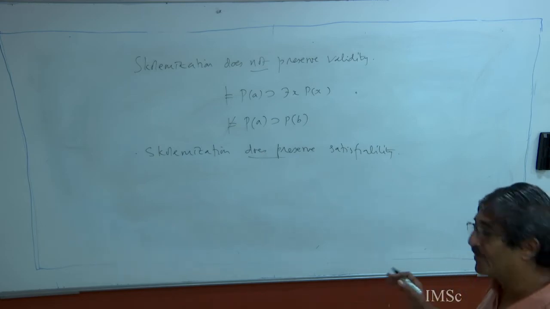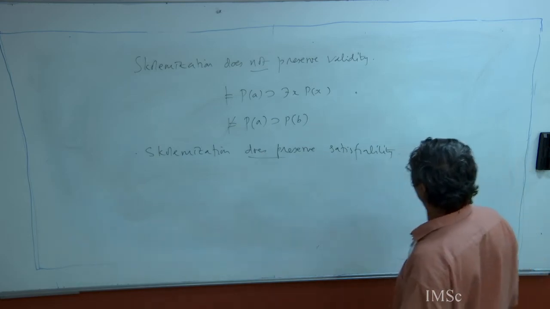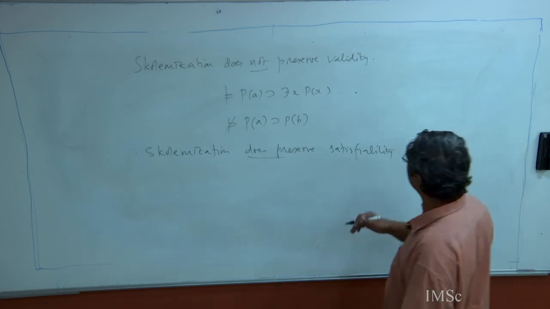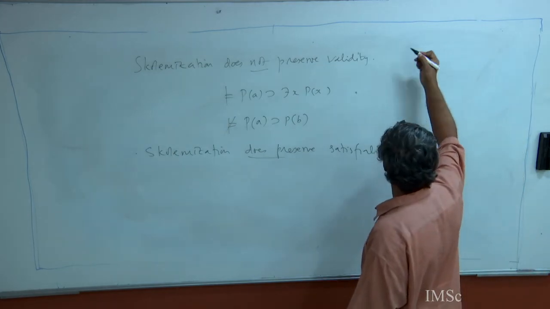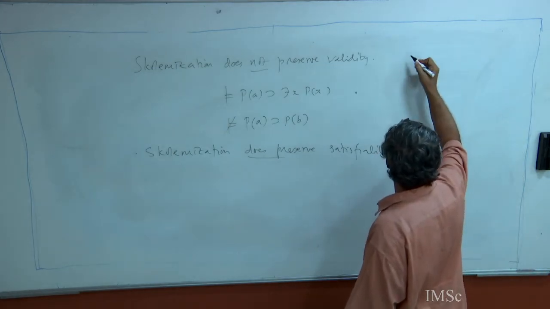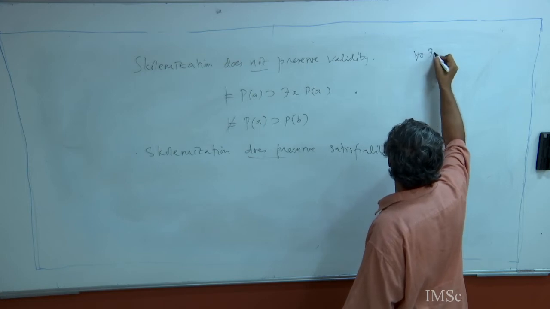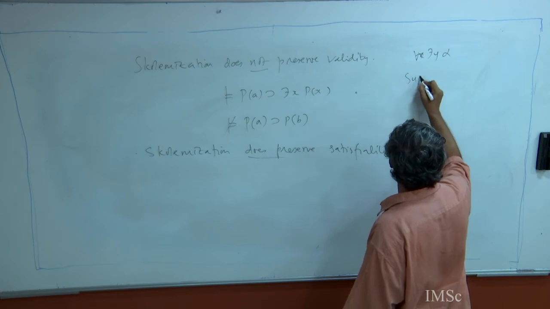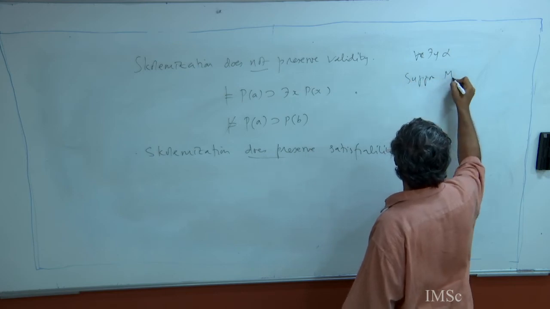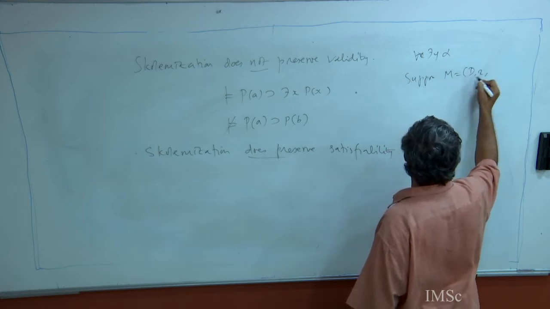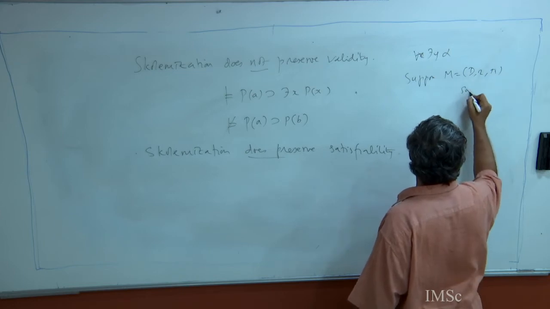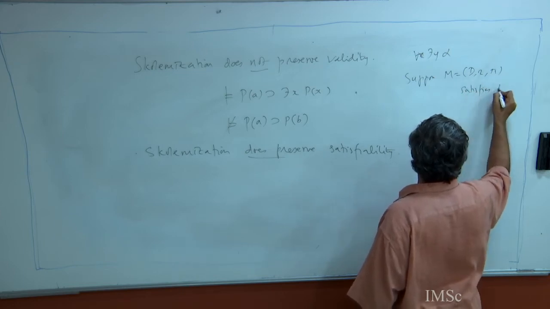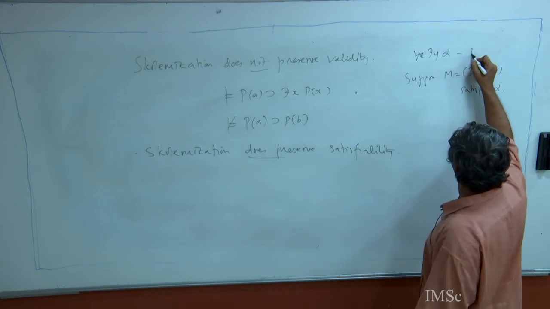Since you work with the opposite of the formula, right? So it does preserve satisfiability. So in general, as I said, just consider for all x there exists y alpha, right? Suppose this is satisfiable.